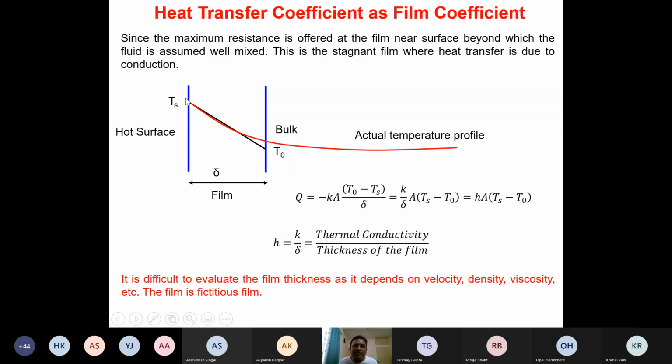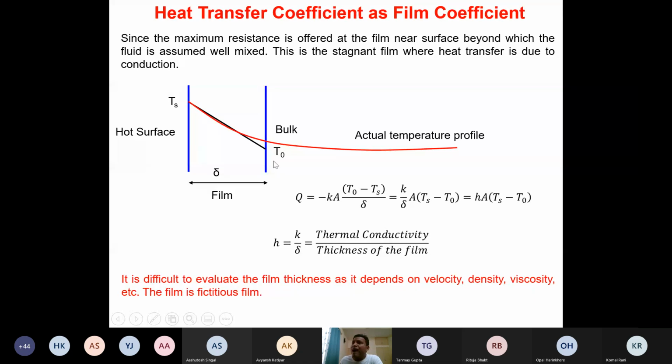So here left hand side is a hot surface, and then on the right hand side the fluid is moving, isn't it? So there is a thin film very close to the surface which is shown here with the thickness of delta.